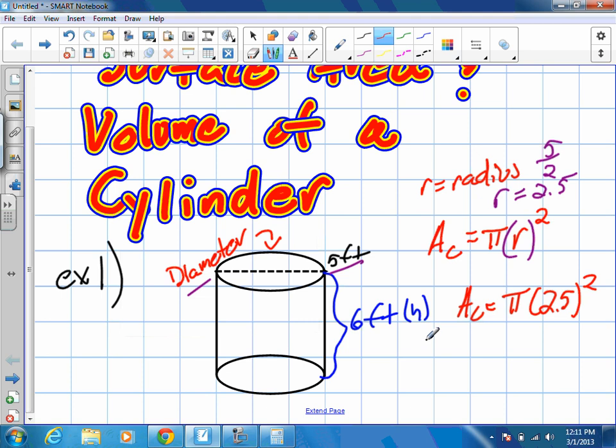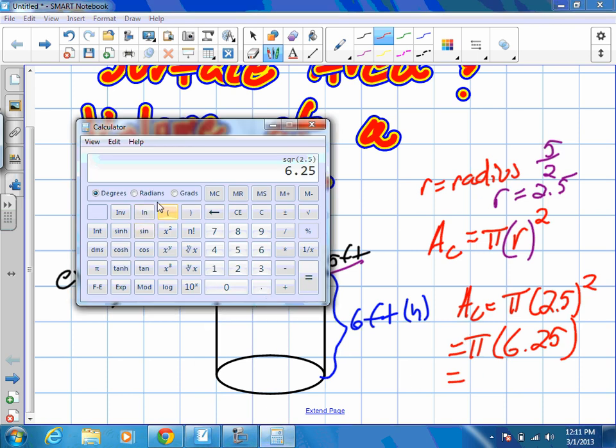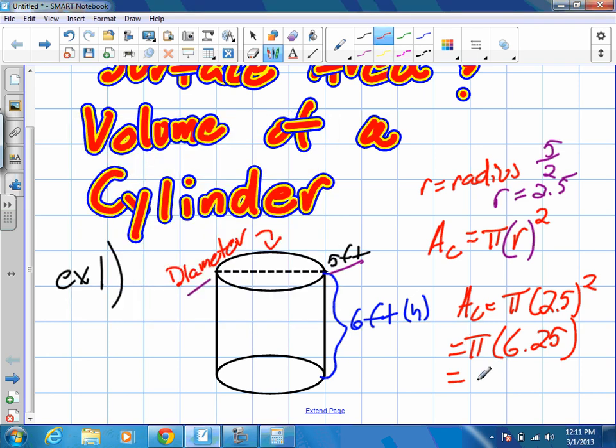So the area of the circle is now pi times 6.25. We multiply this value by pi. Do I have pi? Good. Times pi is equal to 19.63 approximately. And now remember, I just solved the area, so it's technically 19.63 feet squared.